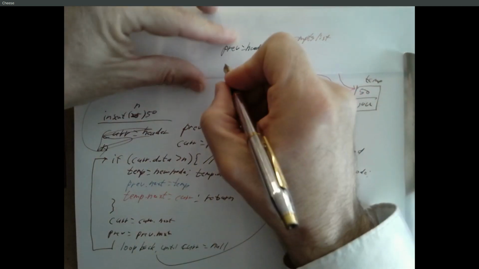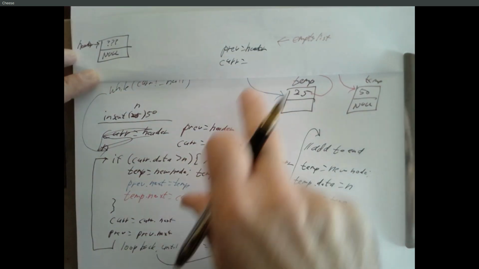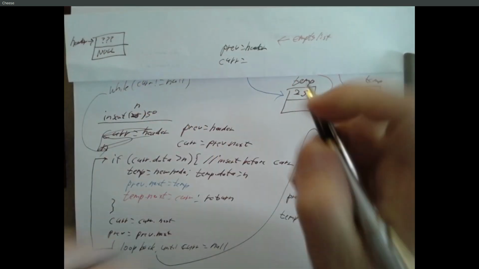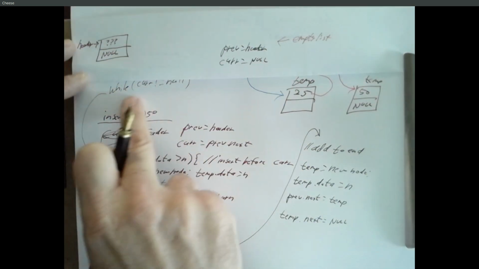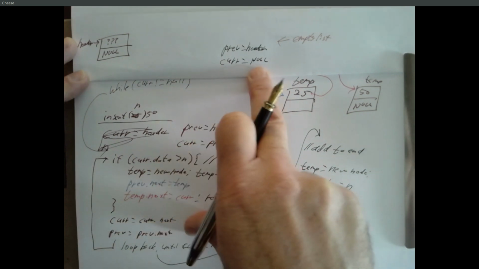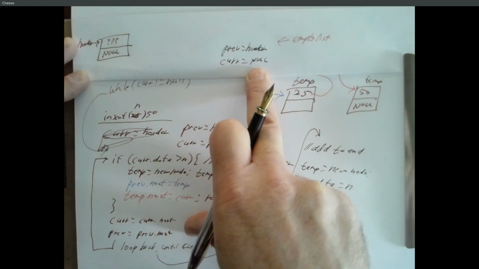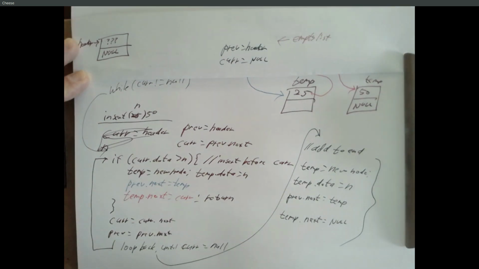And we're going to set current equal to previous dot next. Well, previous is the header, the next field is equal to null, so current is equal to null. And now we're going to go into our while loop while current is not equal to null. Well, current is null, so first time through we're going to kick out of this while loop right away, and we're just going to come down here and do this.